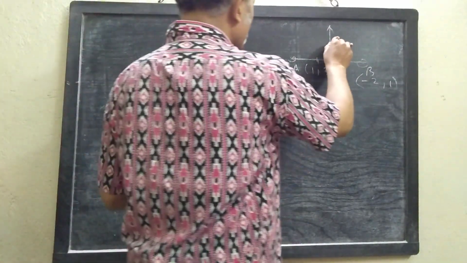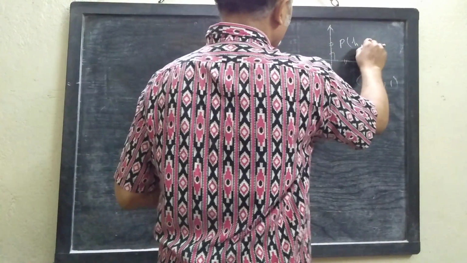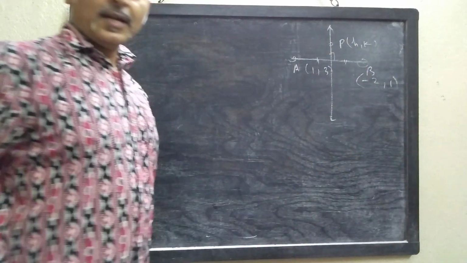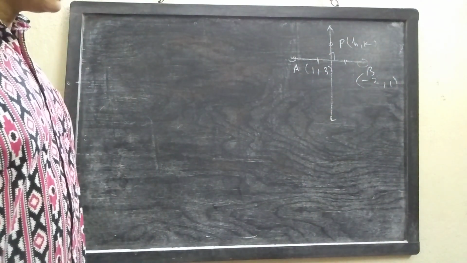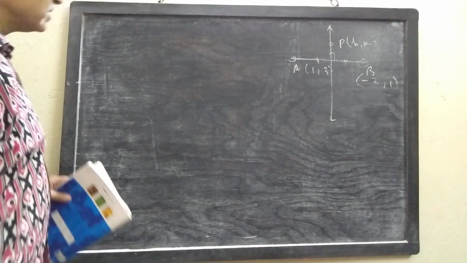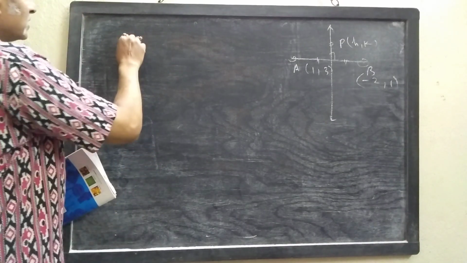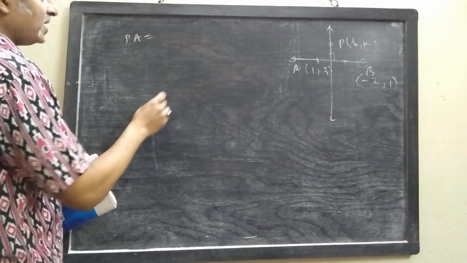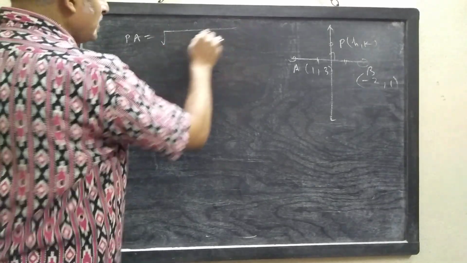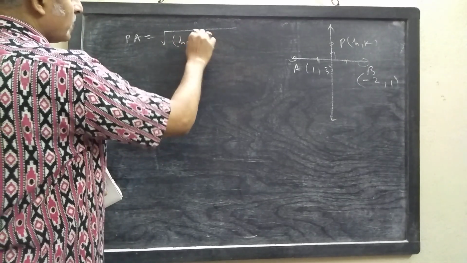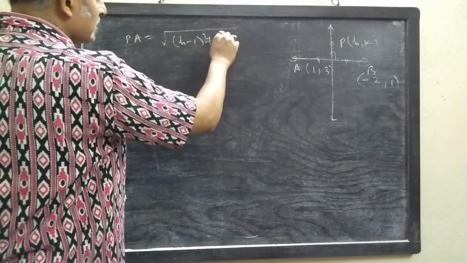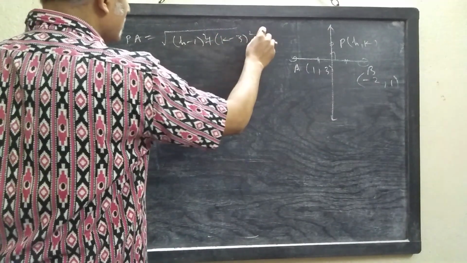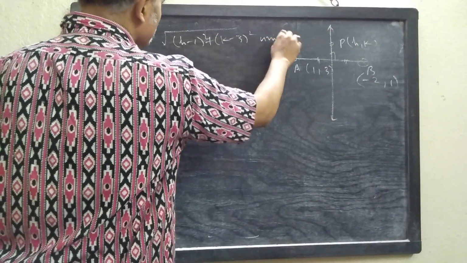For this, let P(h, k) be any point lying on the locus. I will now write the distance between P and A. This will be root over (h minus 1) whole square plus (k minus 3) whole square units.